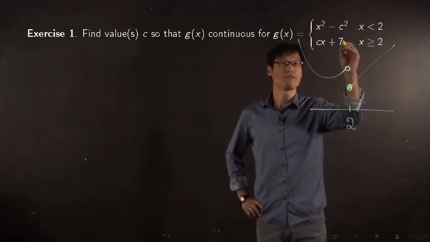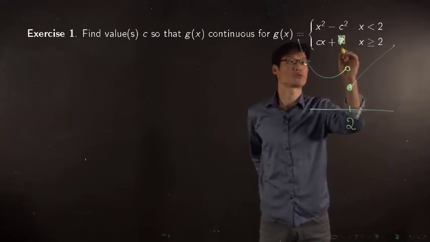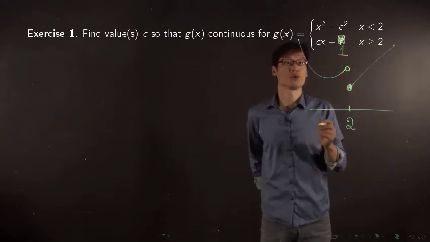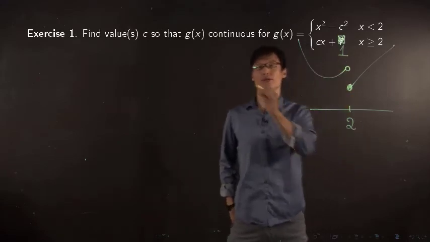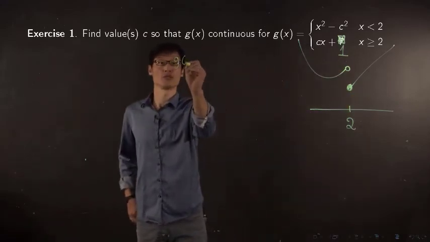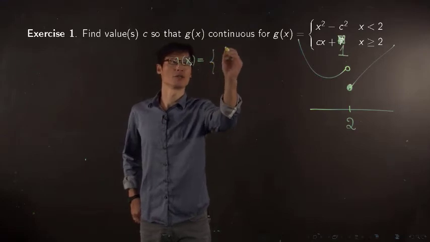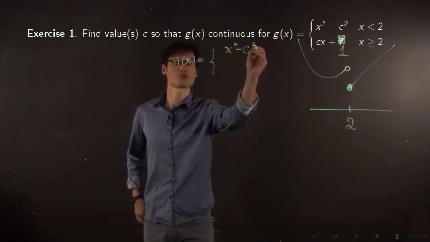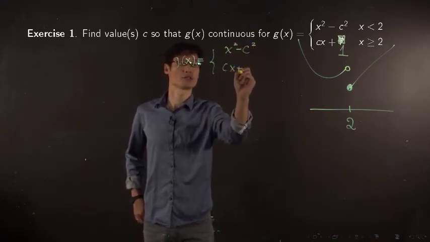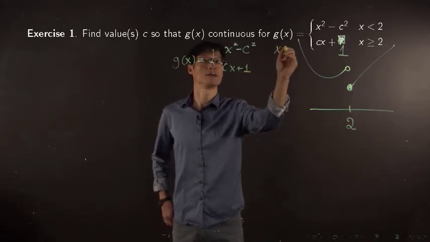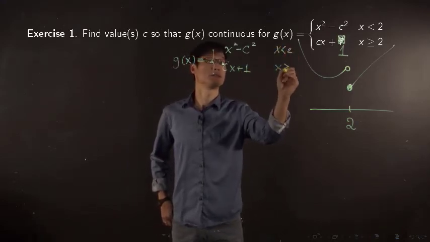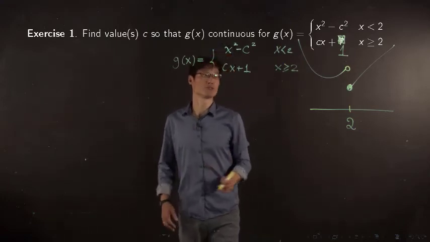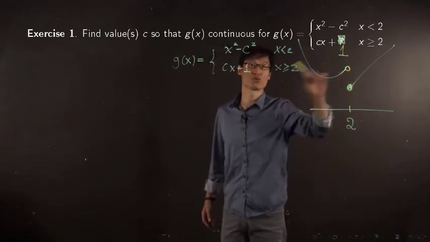Let me fix this typo. Instead of this 7, let us use 1. So g is the function x squared minus c squared, and then cx plus 1.